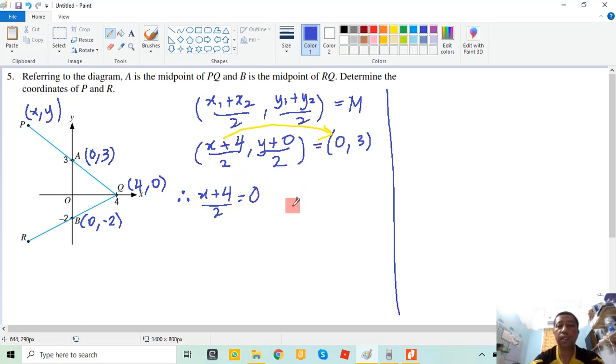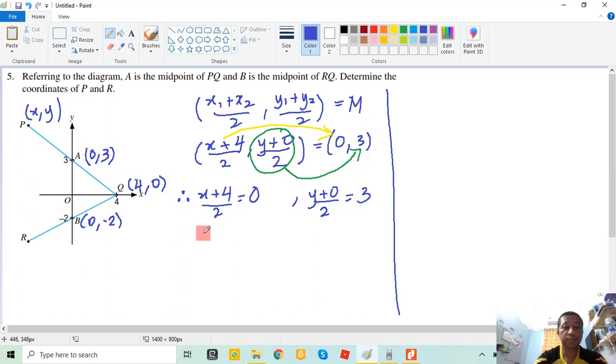And then y plus 0 divided by 2 is actually equal to 3. So we write here y plus 0 divided by 2 equal to 3. Now we solve both of them simultaneously.